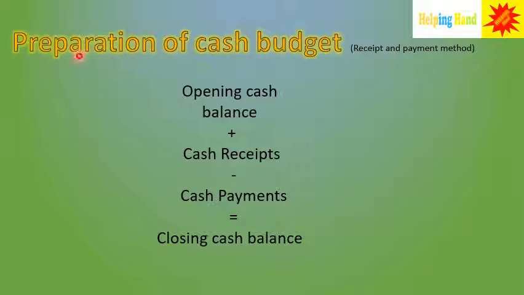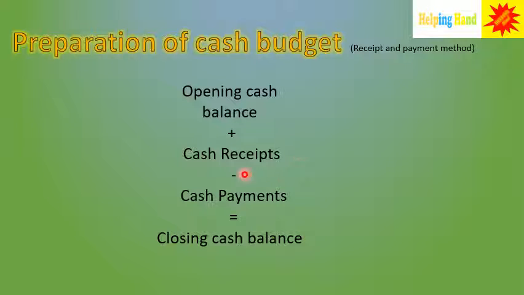How do we prepare this cash budget? Under the receipt and payment method, we will have the opening balance of cash at the beginning of the budget period. To this cash balance which we are having, we shall add all the cash receipts which we are likely to get in that particular budget period.